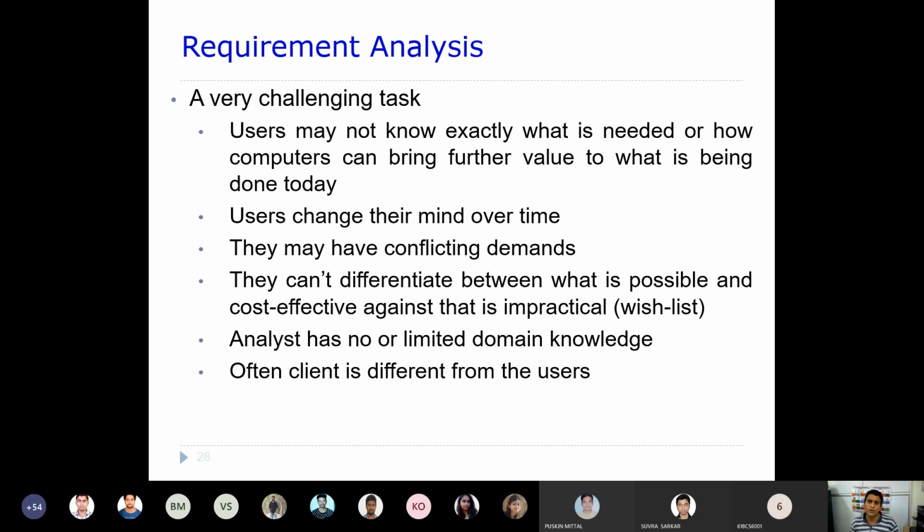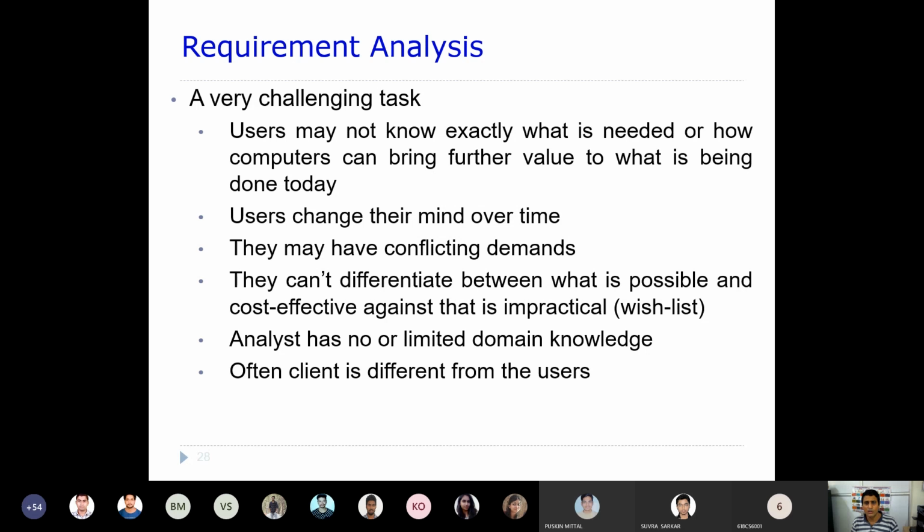Why? Users may not know exactly what is needed. Sometimes the users are not clear about what they are actually expecting from the system, and how computers can bring further value to what is being done today. So they do not know whether this software will help and increase their productivity, and in what way.